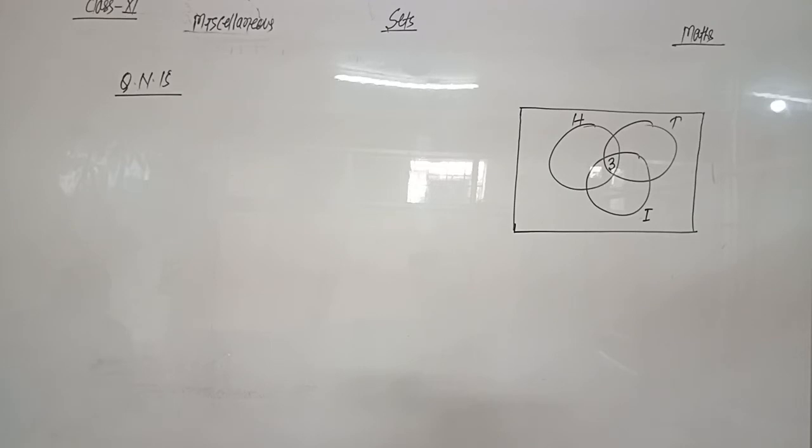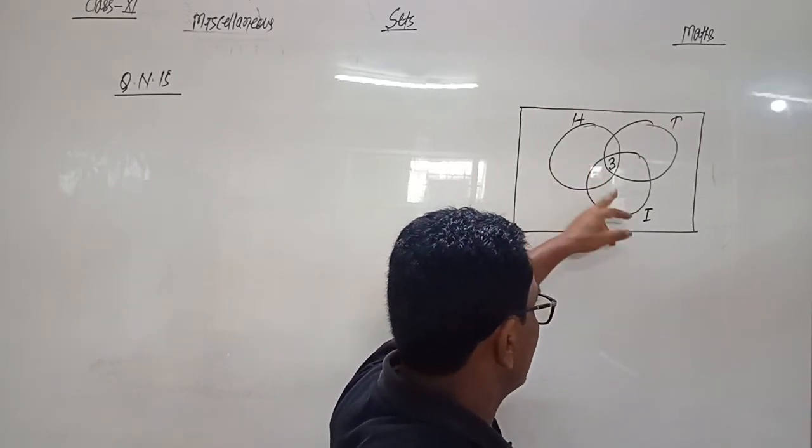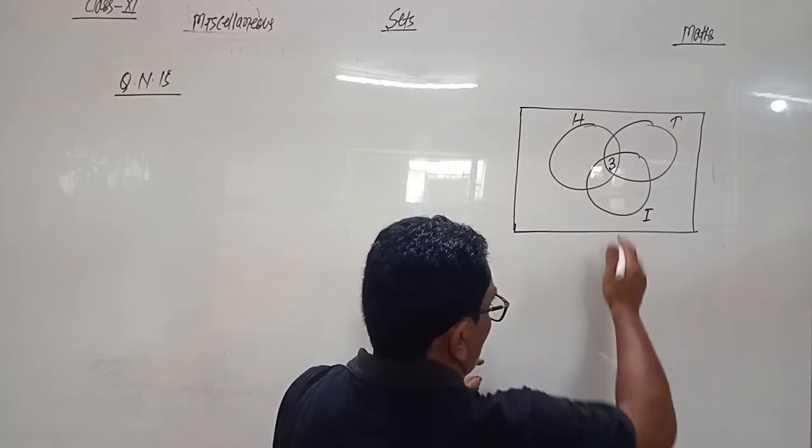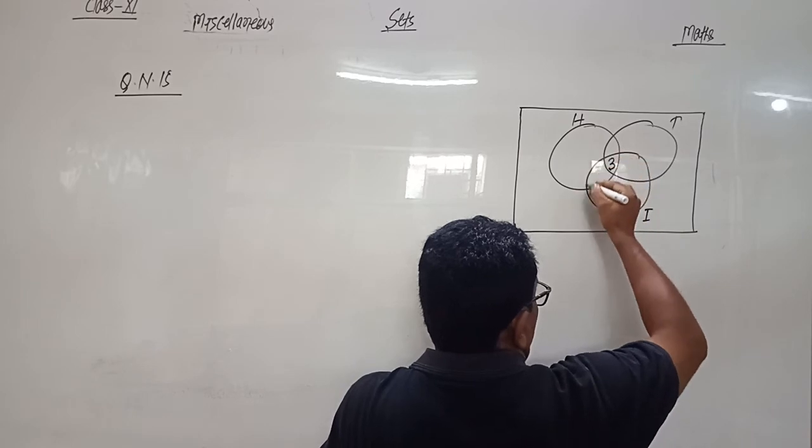Now we are given that 26 read newspaper I, and 9 people read both H and I. So the common part in H and I is this whole common part.